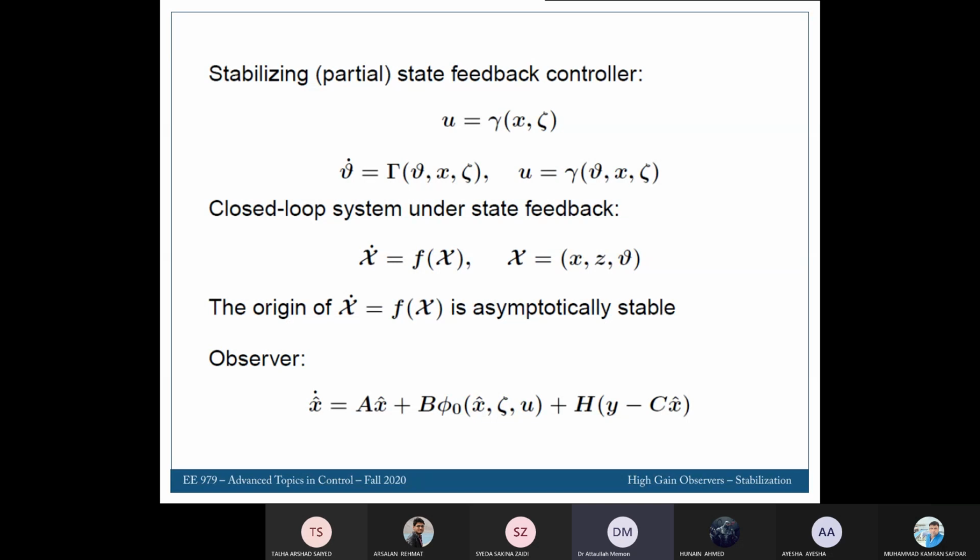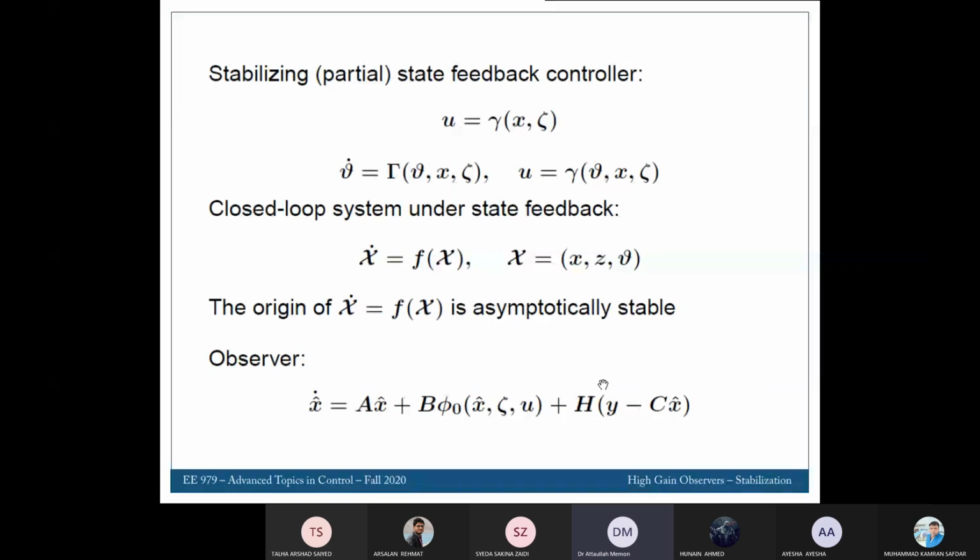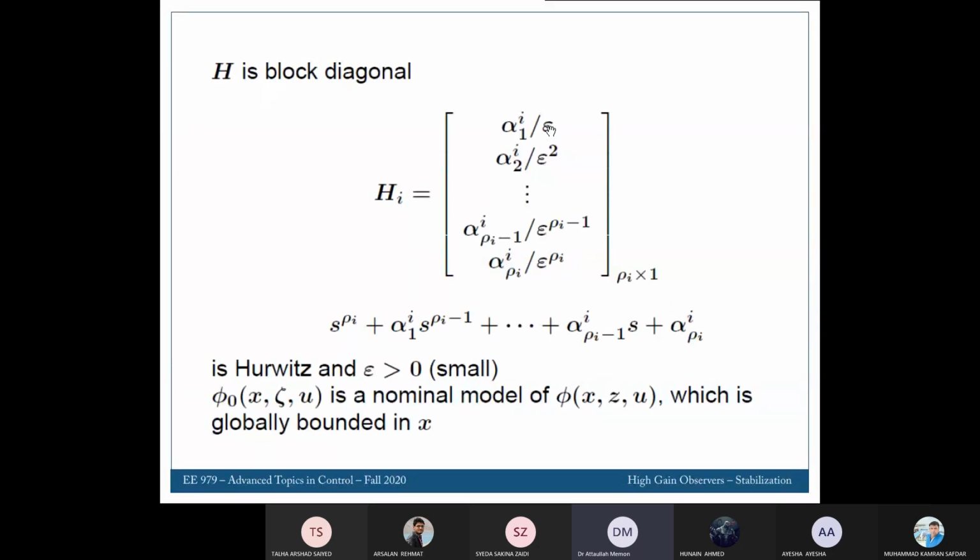Once we have shown that, in the next step we design the observer by following the equations as we have just seen in the example. The H matrix appearing in the observer will have alpha 1 over epsilon, alpha 2 over epsilon square, until we reach the relative degree. So we will have exactly that number of state equations equal to the relative degree, and accordingly we'll have the gains h1, h2, h3, h4 until h rho.